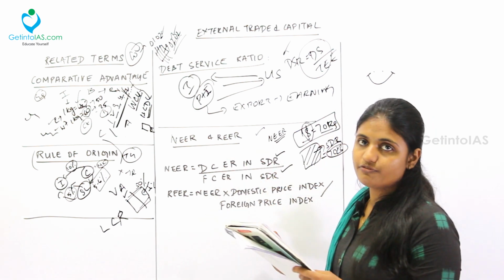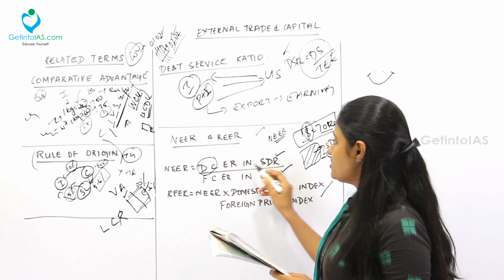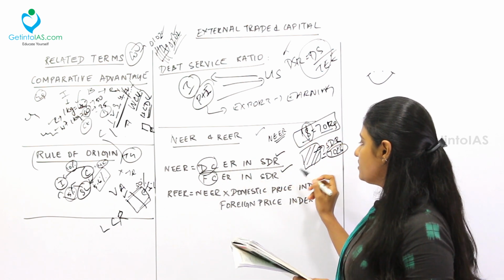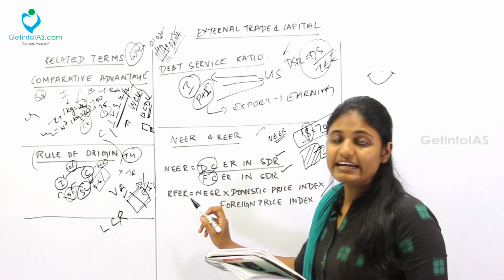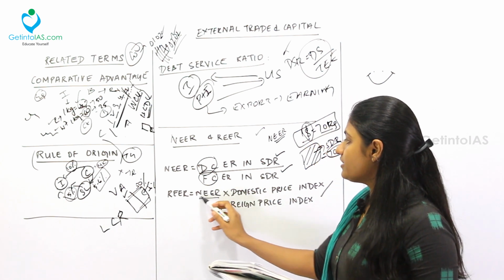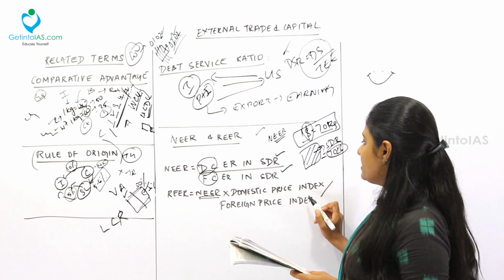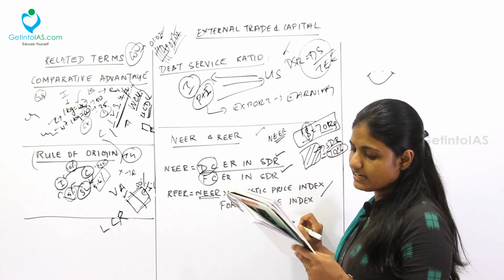So, this is the formula for NEER. What is REER then? REER is derived from NEER, right? So, REER will be equal to NEER into domestic price index divided by foreign price index, okay?